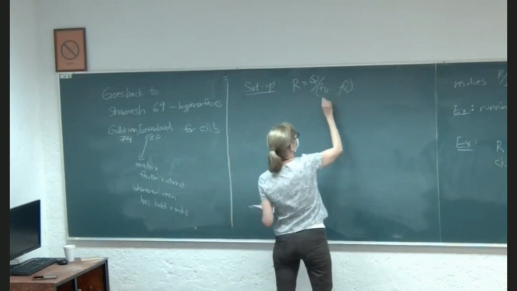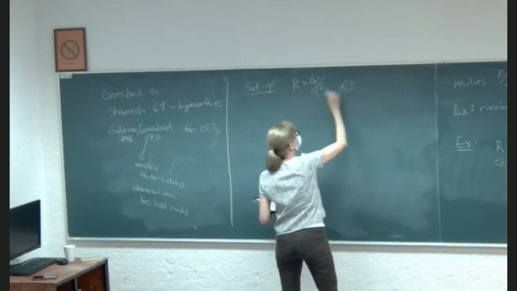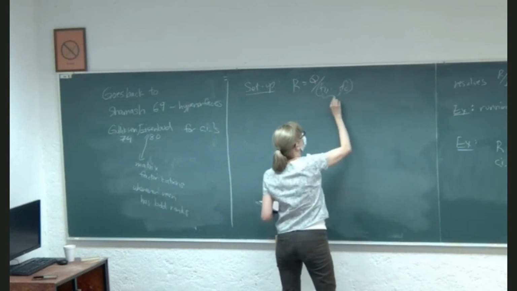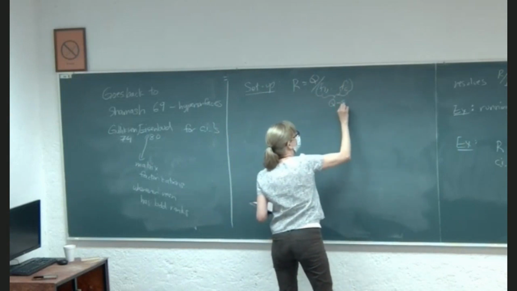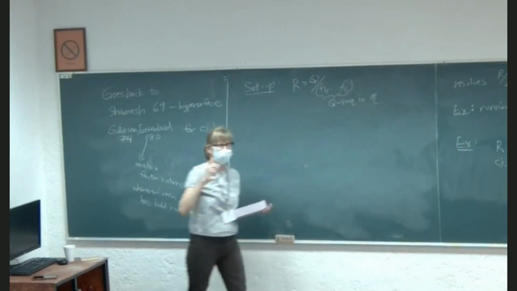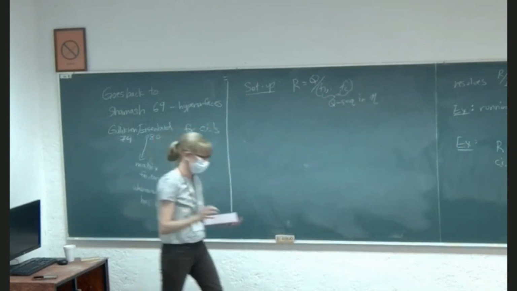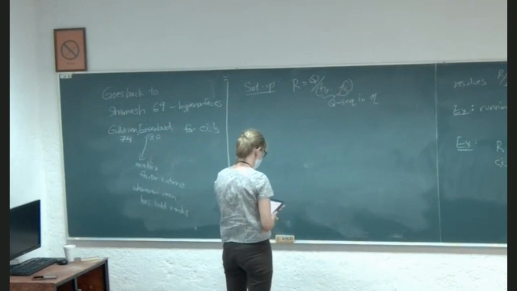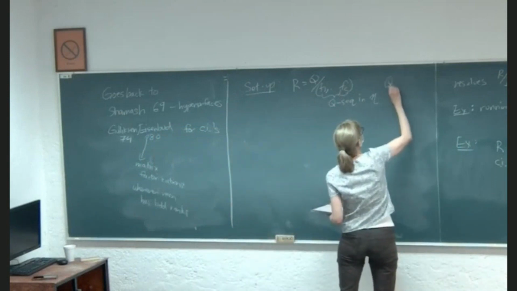This is a regular sequence in the maximal ideal, etc. So I'll just say this is a Q sequence in n, and Q is local. I don't really need Q regular here. I'll just say Q local.